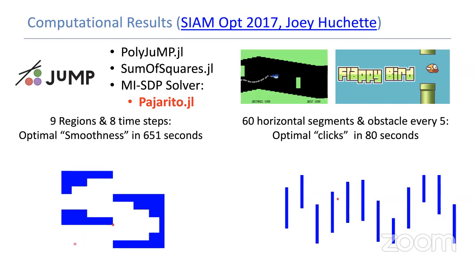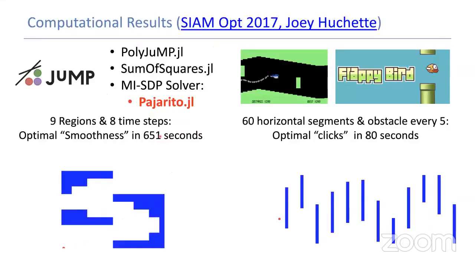And you could do interesting things like solve the avoidance problem while making a somewhat smooth trajectory, or even more fun things like what Joey called the helicopter problem, and I was thinking it looks more like the Flappy Bird problem, where the dynamics makes the point want to drop, and every time you click, you give it a boost up, and you can try to minimize the number of clicks you need to solve this. And even back then in 2017, it solved fairly fast, even though it was a complicated mixed integer problem.